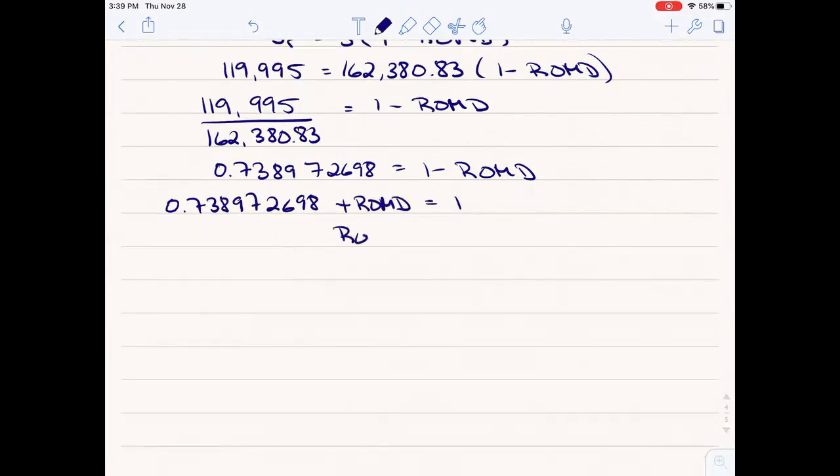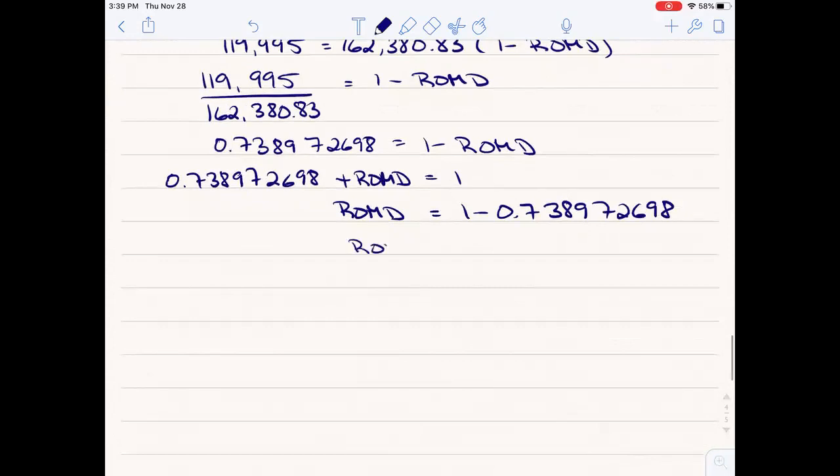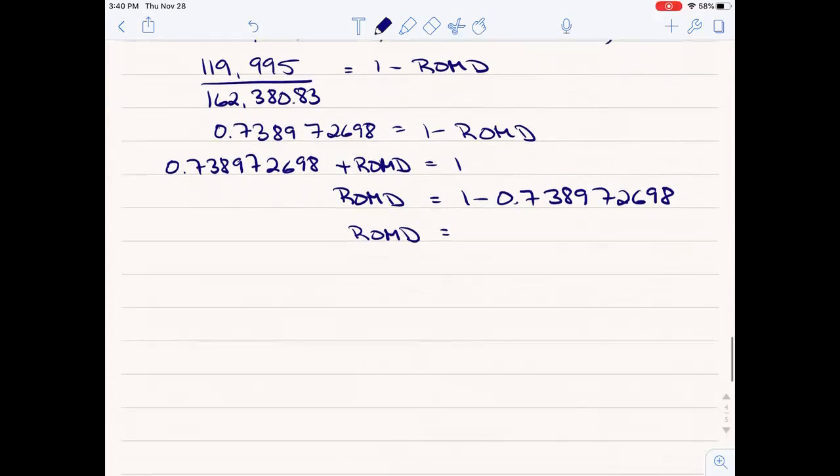And so the rate of the markdown is 1 minus 0.738972698, which means your rate of the markdown, 1 minus that guy, is 0.261027302.